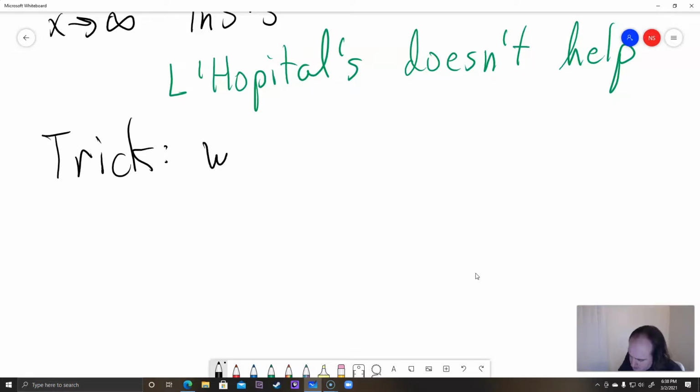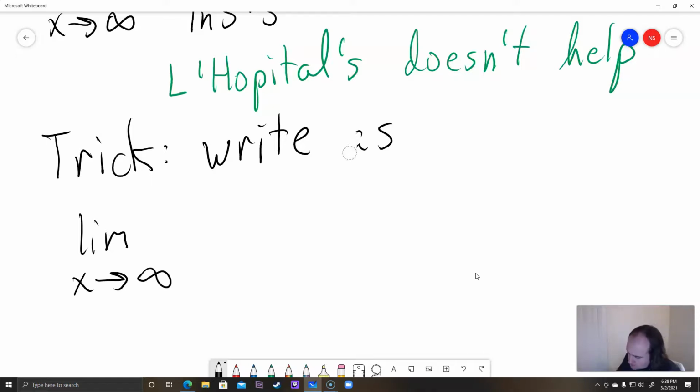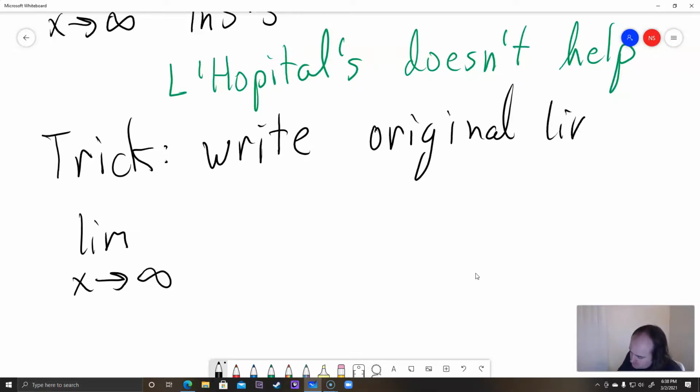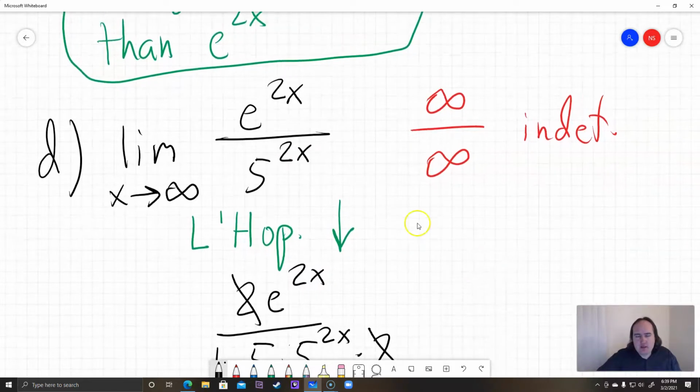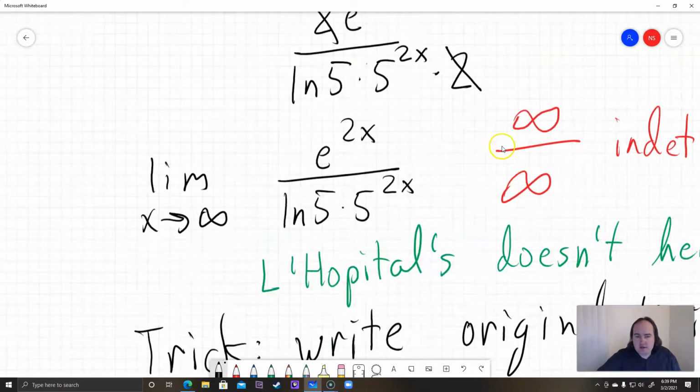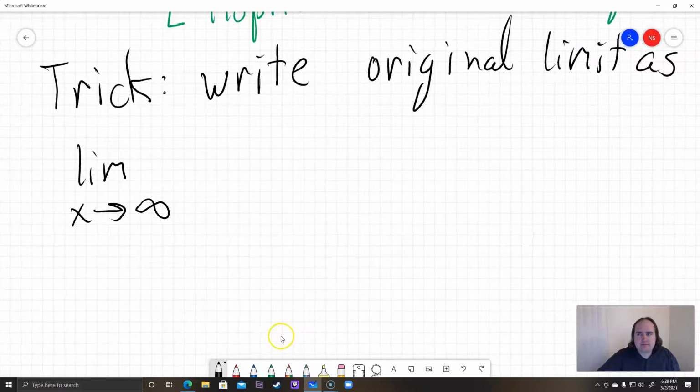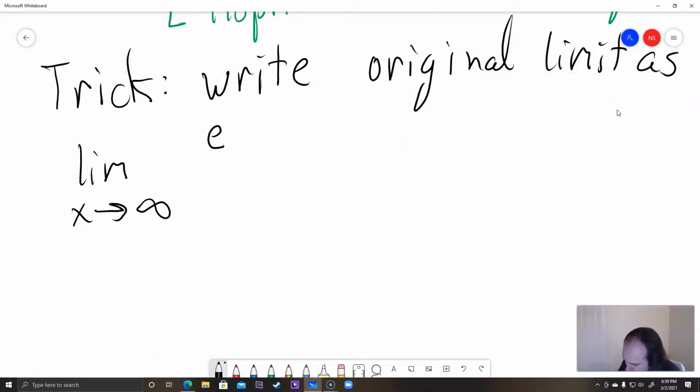So we're writing the original limit as the limit as x goes to infinity of, well, we're basically just going to take this exponent, which is 2x, and factor it out of the entire fraction. So we're going to get e over 5 quantity to the 2x.